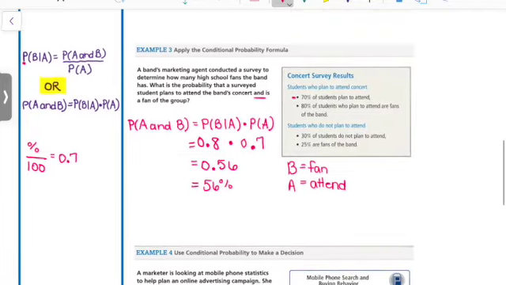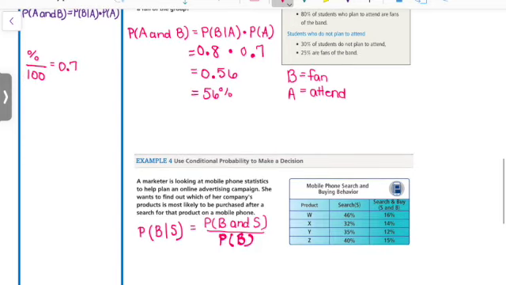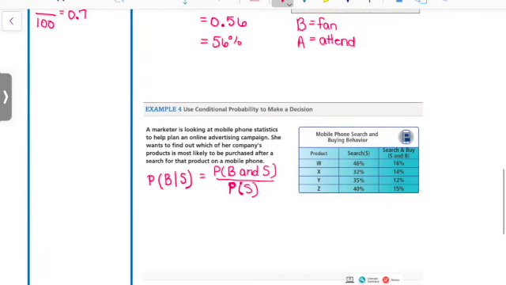If we scroll back up and look at our formula, it is equal to the probability of A and S divided by the probability of A, or in this case B. Sorry, it has to be S because it's B given S. So divided by the probability of S. I'm going to do it for W and leave the others for you.